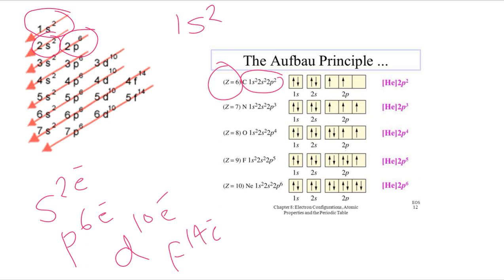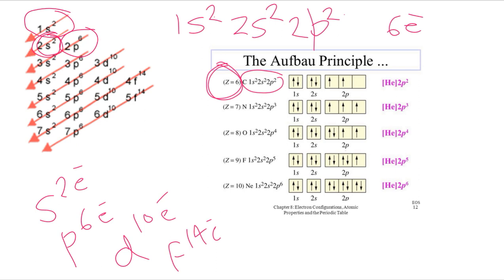Then the following one, 2s2, 2 electrons in level 2 orbital s. And then the 2 other electrons will be in 2p. Then 2 plus 2 plus 2 is equal to 6 electrons. That is the atomic number of carbon.